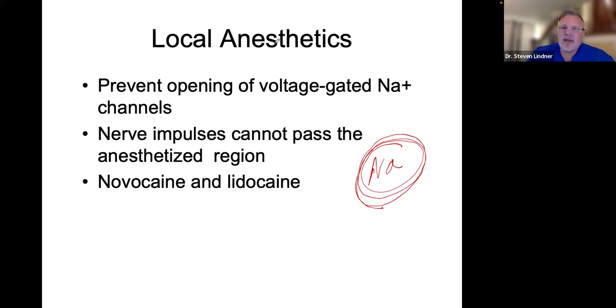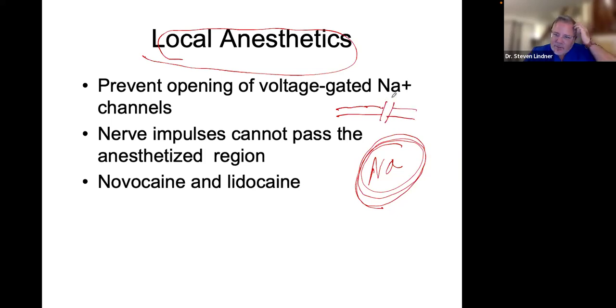And what does that are certain anesthetics. These local anesthetics are trying to prevent, that's the cell membrane, and then you have your sodium channel, right? It's trying to prevent sodium from rushing in.